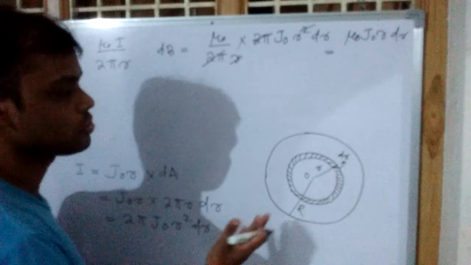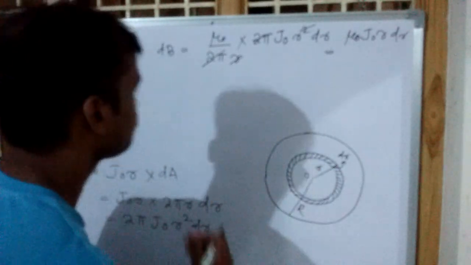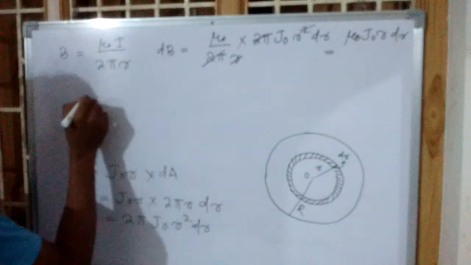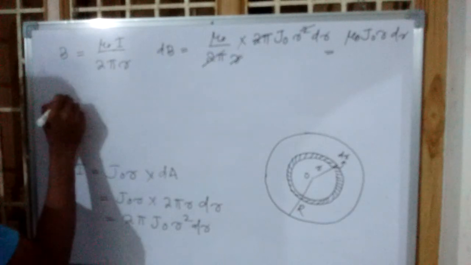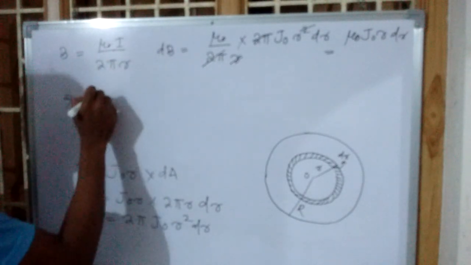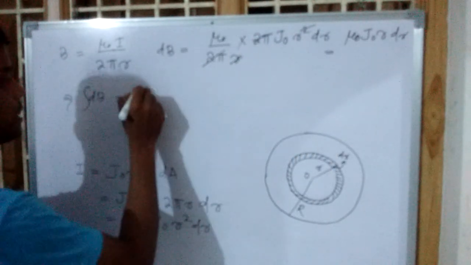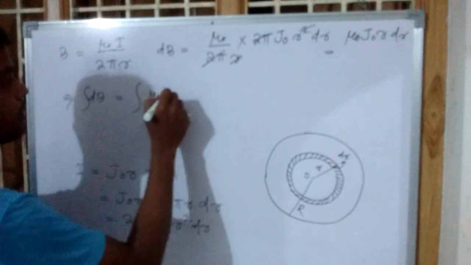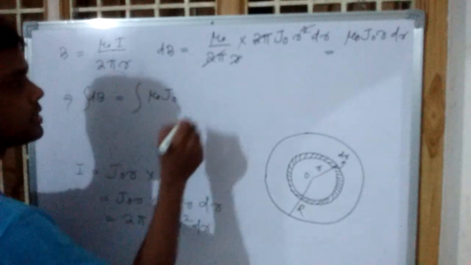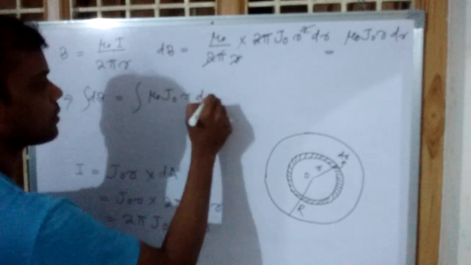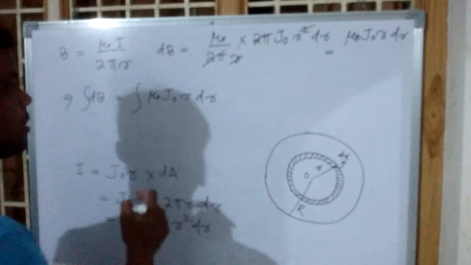So next is just to integrate over the rings. How to integrate it? If you integrate dB, on the right side it will be the integration of mu naught J naught R dr.